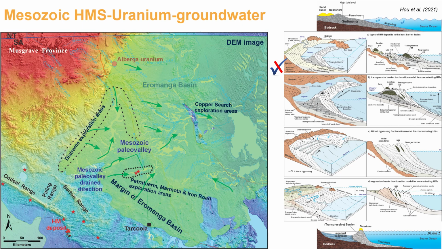So, does this type of deposit occur in the Eromanga Basin? Maybe not. We think part of it, maybe the regressive type, is occurring there, because the sedimentary facies analysis does not support the others. For the longshore drift type, no, because its evolution facies is not showing that.